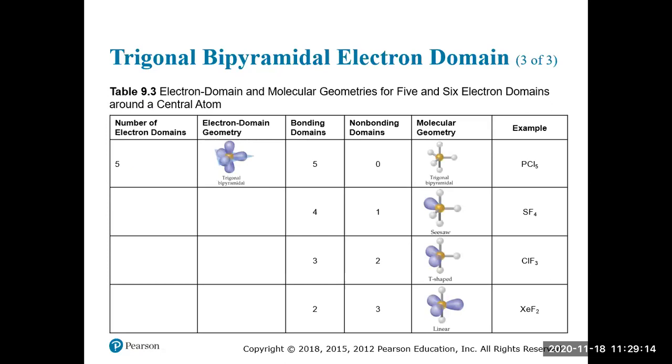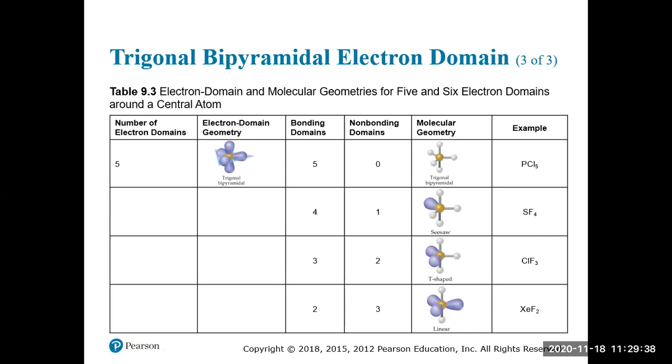So here are pictures of those. Once again, for this one, we have 5 electron domains, and that electron domain geometry is trigonal bipyramidal. If we have no non-bonding domains, if they're all bonding domains, then it remains trigonal bipyramidal in its molecular geometry.